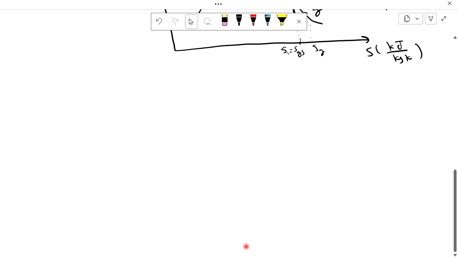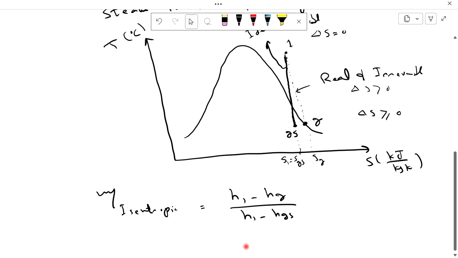We know that isentropic efficiency is equal to H1 minus H2 divided by H1 minus H2S. First we will find H1, H2 and H2S. H1 is in the superheated region, as we know from the TS diagram.